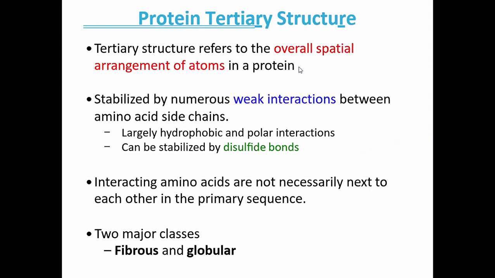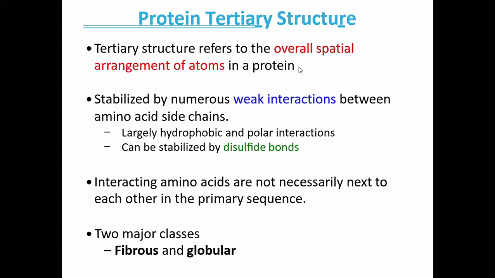All right, so we are done with primary structure, secondary structure, now tertiary structure. Tertiary structure is the overall spatial arrangement of atoms in a protein. It's an arrangement of different secondary structures, so basically the whole protein.